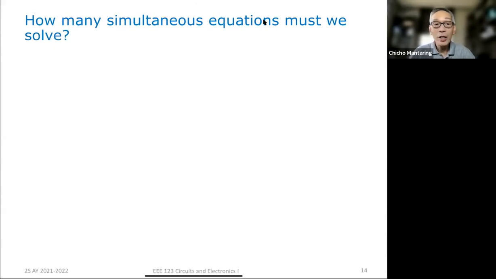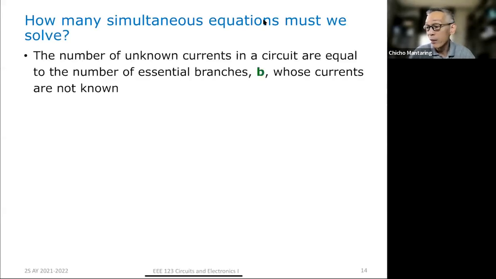So the question is, how many simultaneous equations must we solve for a particular circuit? First observation: the number of unknown currents in a circuit is equal to the number of essential branches whose currents are not known.